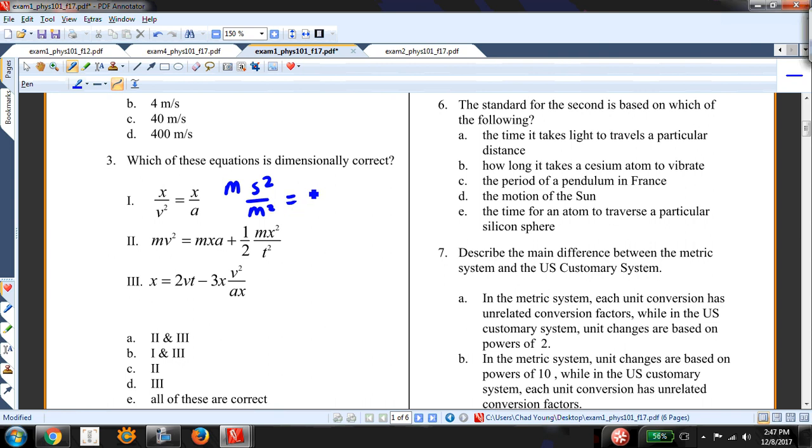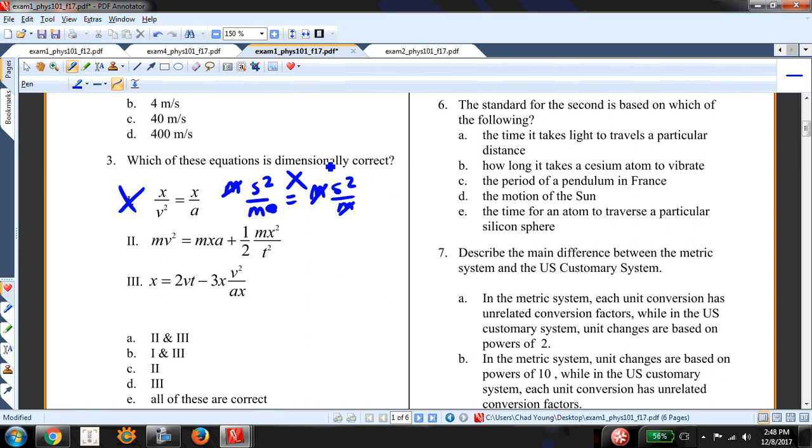And that's equal to meters seconds squared over meters. That's acceleration, but I've inverted it. These are not dimensionally correct, so 1 is not an option, because the units have seconds squared over meters over here, and only seconds squared on the right-hand side, so not dimensionally correct.